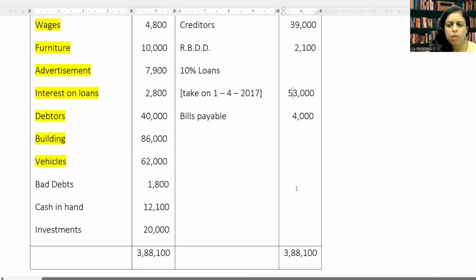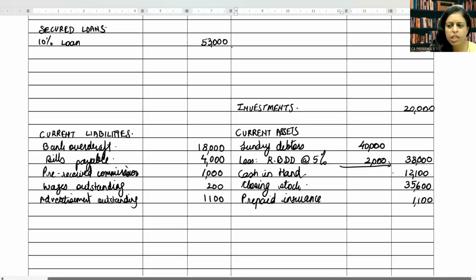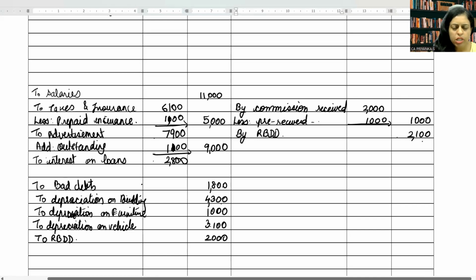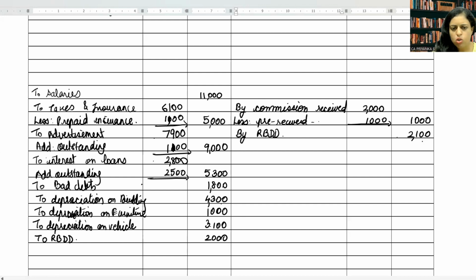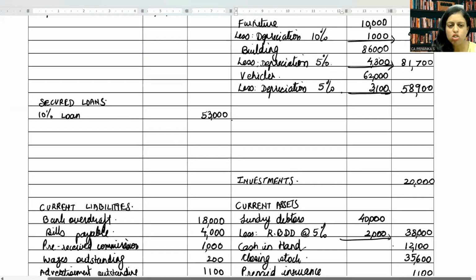The remainder amount of interest, 2,500, I'm going to add in the profit and loss account first of all. So interest on loan, add outstanding, value is 2,500, and take it to the outer column, 5,300. This 2,500 now I'm going to write as outstanding interest 2,500 in the balance sheet.